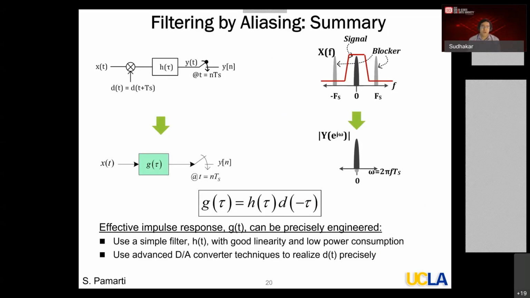If it were a true analog FIR filter followed by a simple sampler, then you would not have this issue. What is happening is that although conceptually it is like an effective filter G of tau followed by a sampler, the way I'm doing it, it's merged together. I cannot separate out this G of tau and this sampling. The sampling is inherent. So that is the indirect requirement. I can make my G of tau wider, but then I have to increase my TS accordingly.